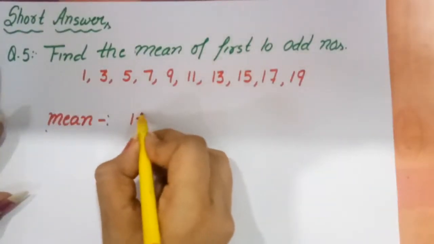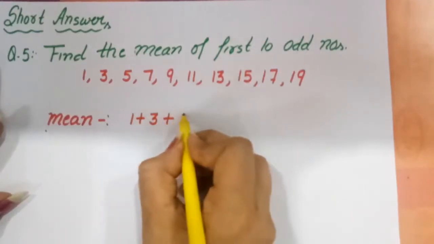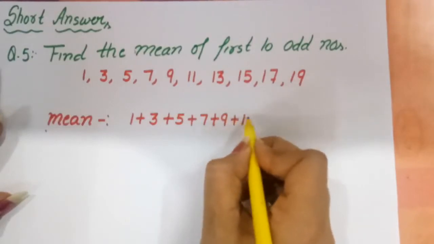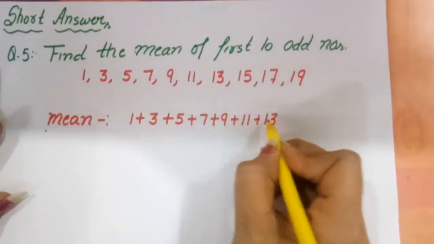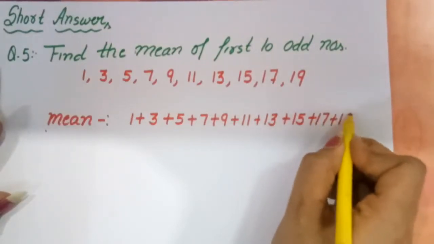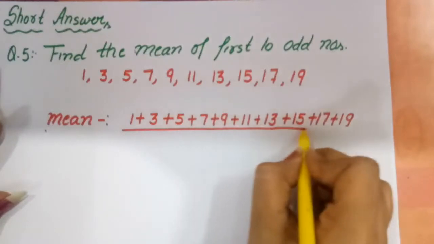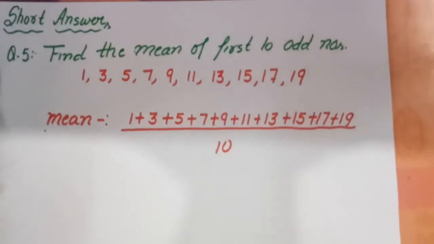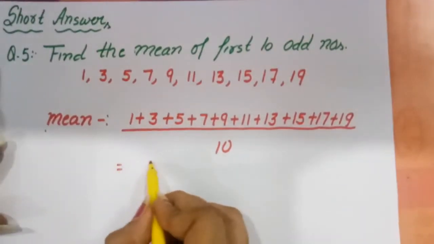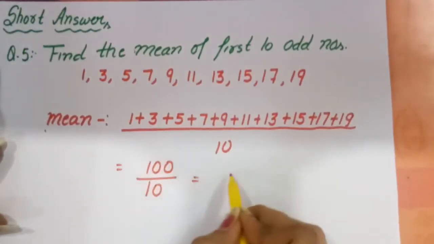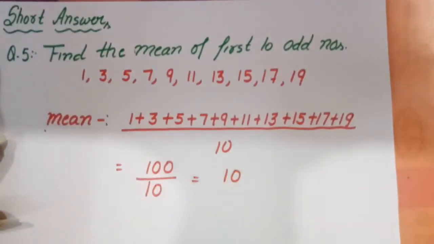So we have to add all the terms: 1 plus 3 plus 5 plus 7 plus 9 plus 11 plus 13 plus 15 plus 17 plus 19, divided by 10, because the number of terms is 10. The sum of all these terms is equal to 100 upon 10. So 100 divided by 10 is 10. So the mean of first 10 odd numbers is 10.